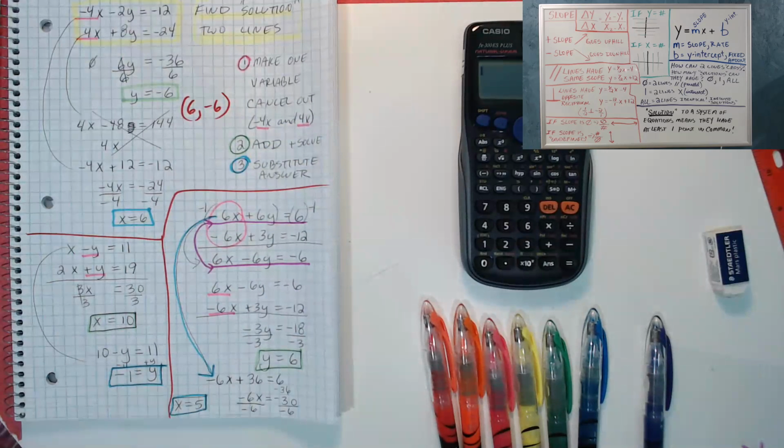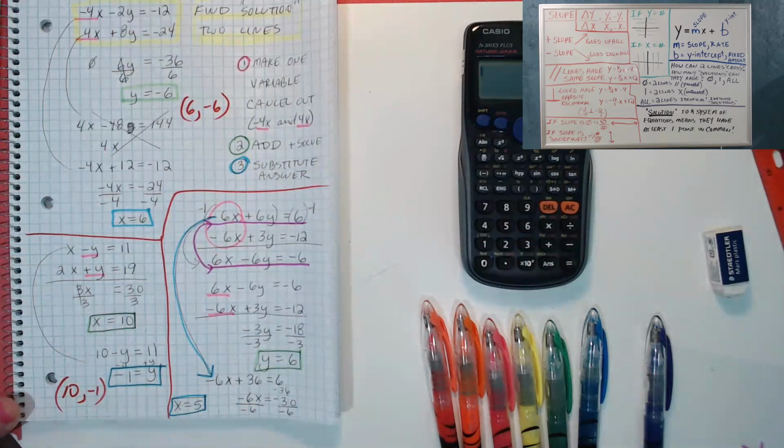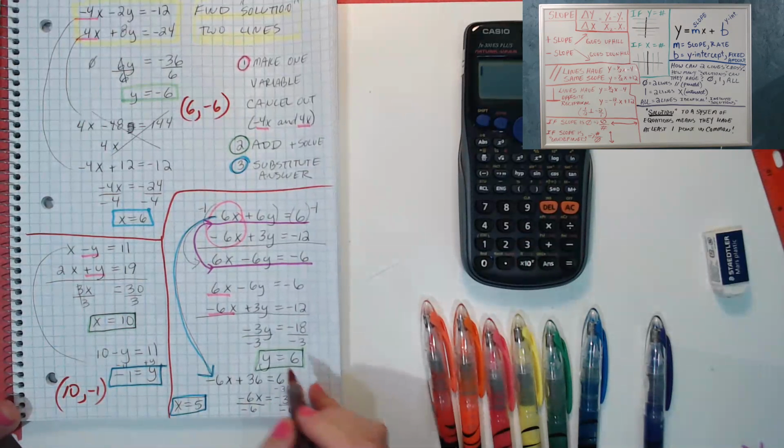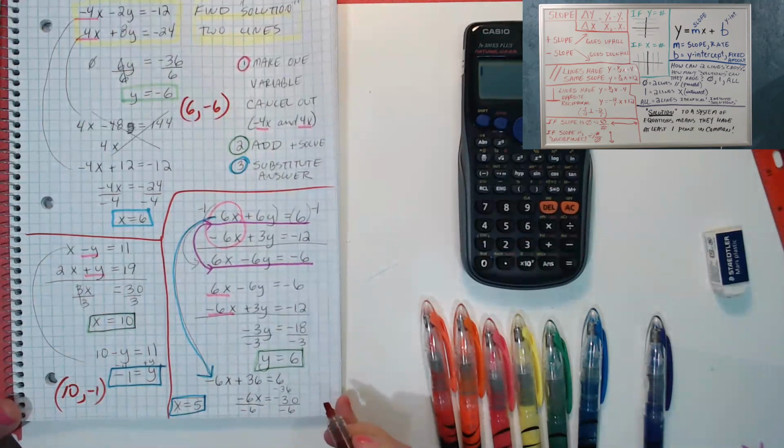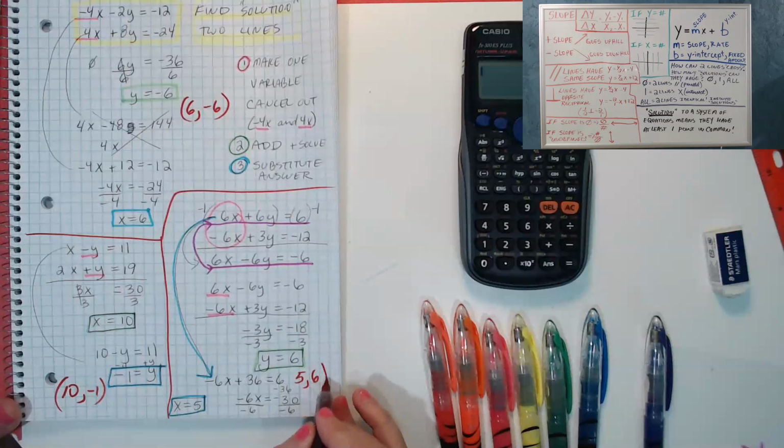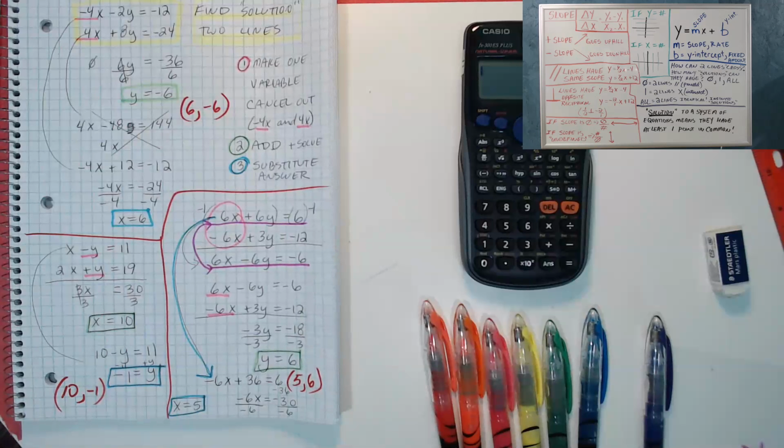This answer is 10, -1. This answer is 5, 6. So it's a data point, okay? It's a point on a graph.